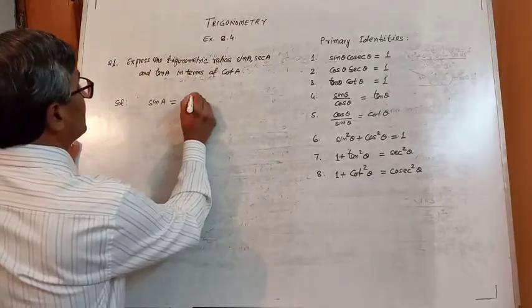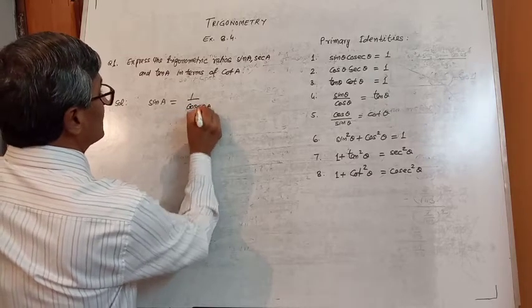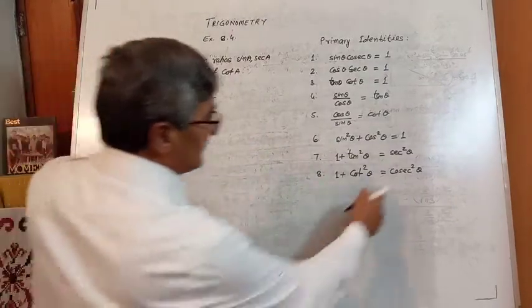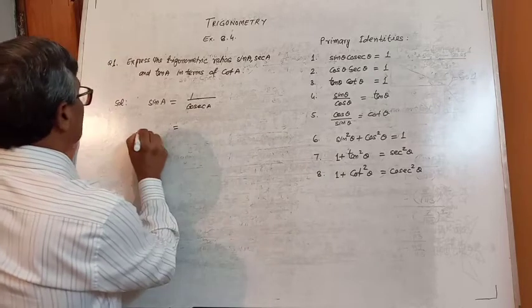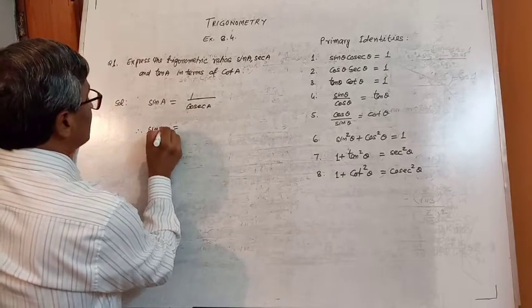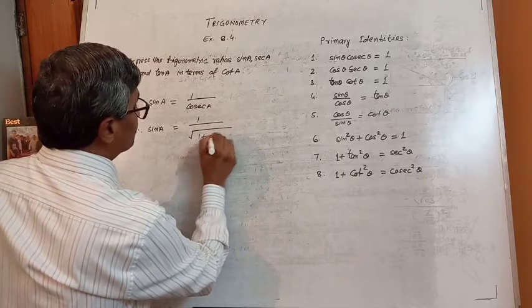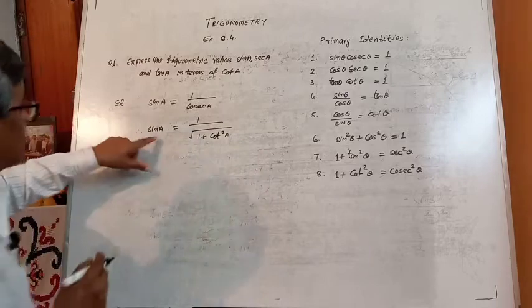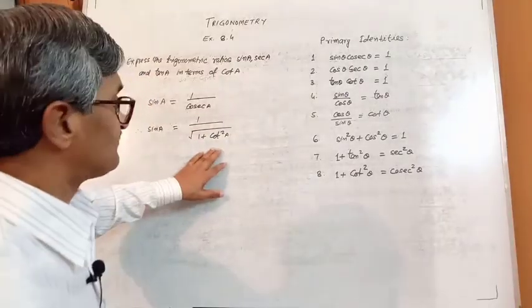So we can write here 1 upon cosec A. Now cosec A is changed with the help of this one. Therefore, sin A is equal to 1 upon under root 1 plus cot square A. Now sin A is changed in the form of cot A.